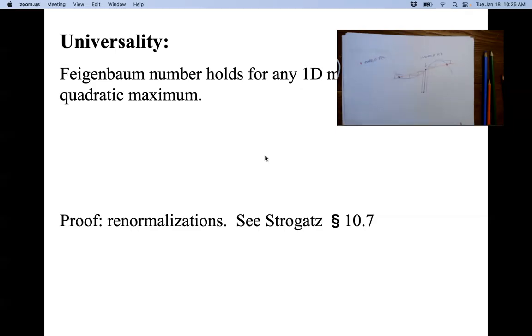Stable fixed points. And these fixed points, these stable fixed points, have basins of attraction. Remember what that means. That means all the initial conditions that go to that fixed point.